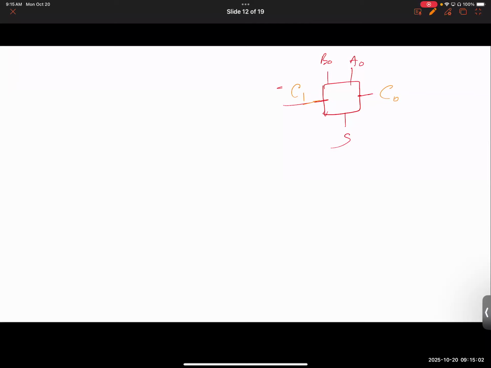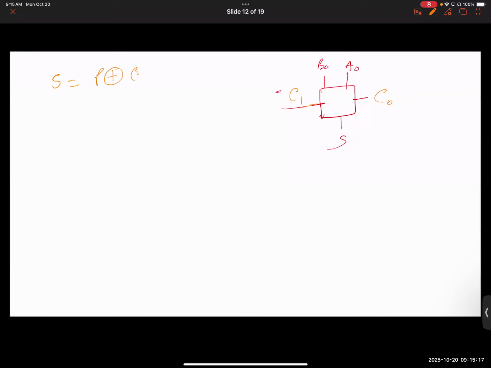So do you guys remember? I hope by now you should try to memorize this almost, right? Sum was what? Propagate XOR C in. What is C in? This is C0 for now. Okay, but sum was never the issue. The issue was carry. So carry out was G plus PC.